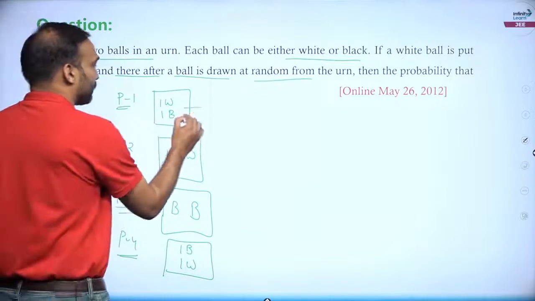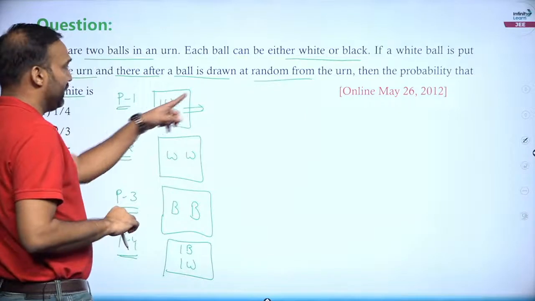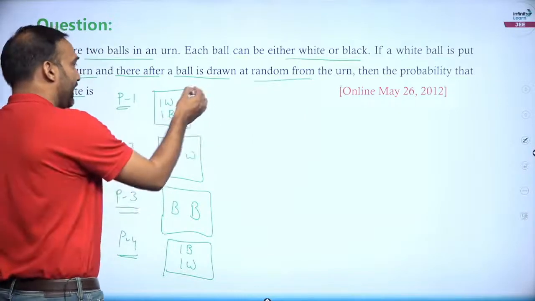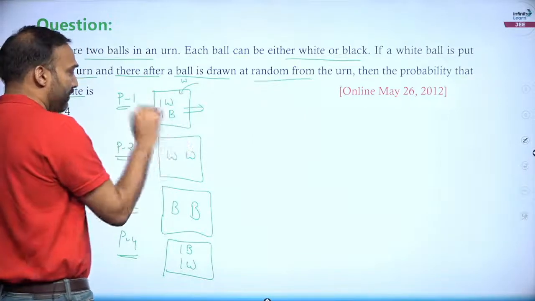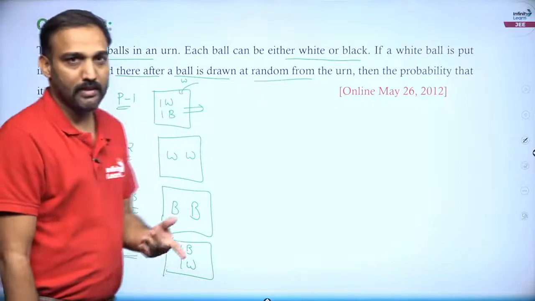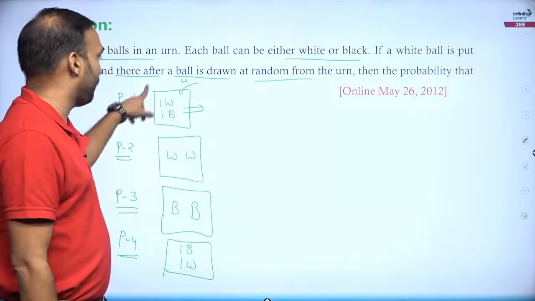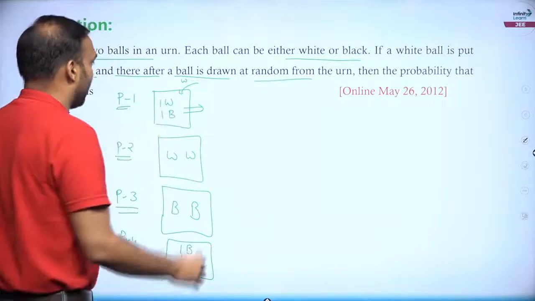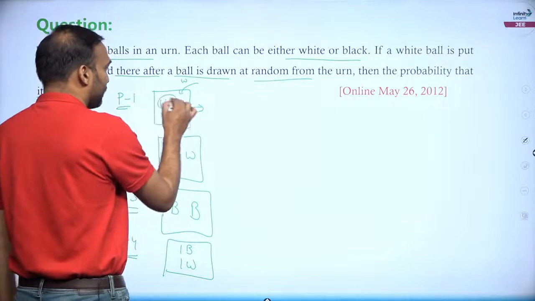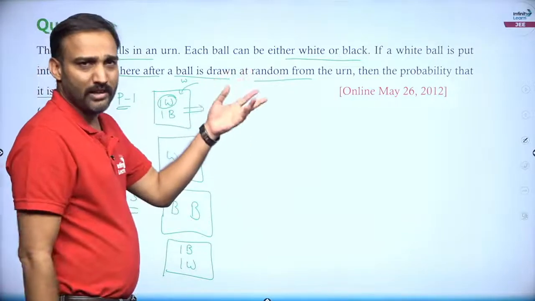Now we will find out the answer for each of these possibilities. You are adding a white ball to every possibility, and then you are picking a ball. You have to find out the probability of it being white. But first I have to consider the probability of getting 1 white and 1 black. So getting the first ball white, the probability would be 1 by 2, because I know the ball is either white or black.